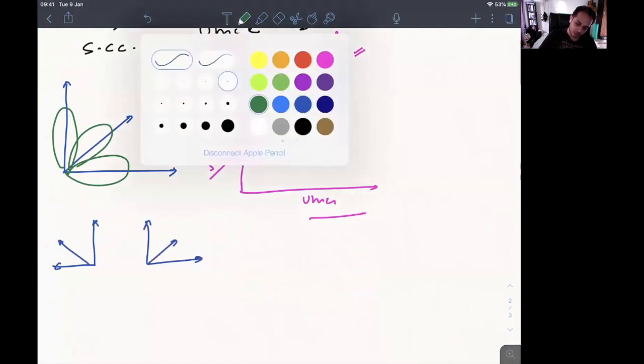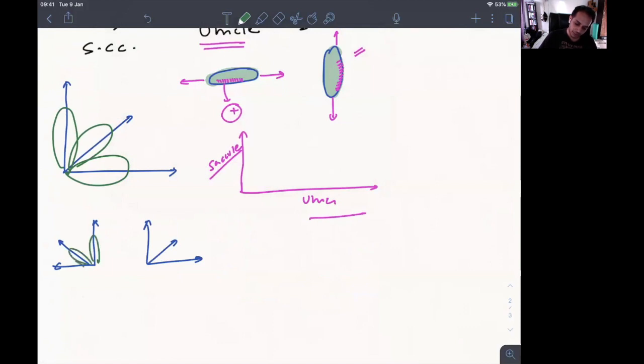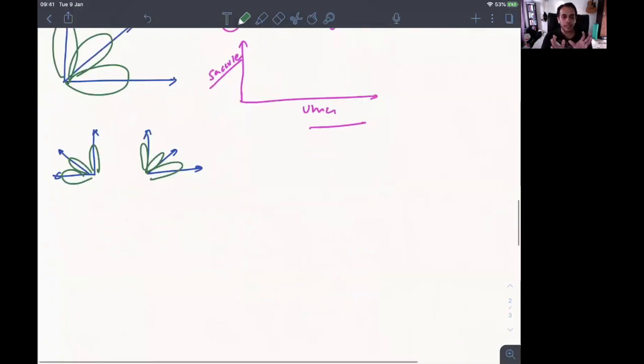So now there are three semicircular canals on one side and three semicircular canals on the other side. And all of these put together will give us an idea of, is your head turning to the right or left? Is your head turning forward or backward? And is your head turning from side to side? So as and when your head turns, the fluid inside all the three semicircular canals on both sides will move in a particular way.